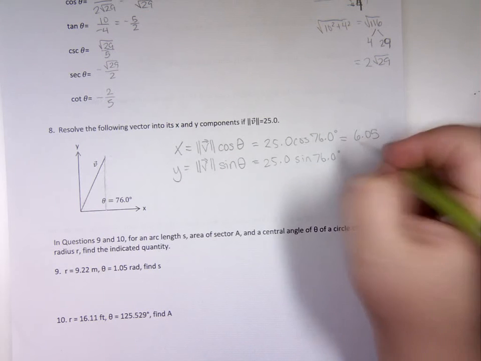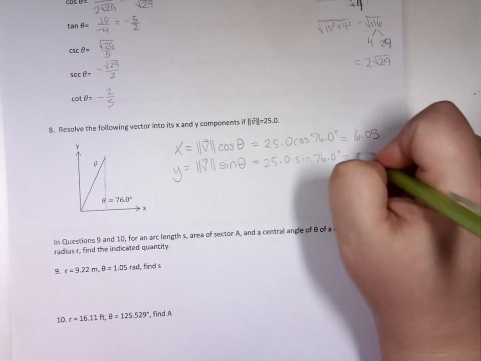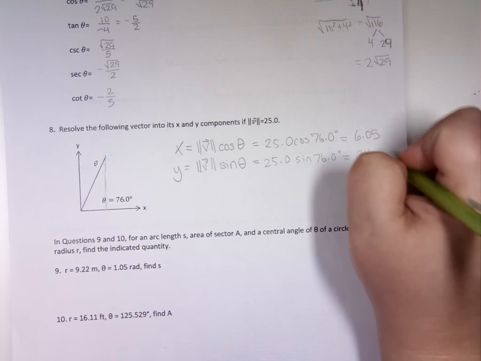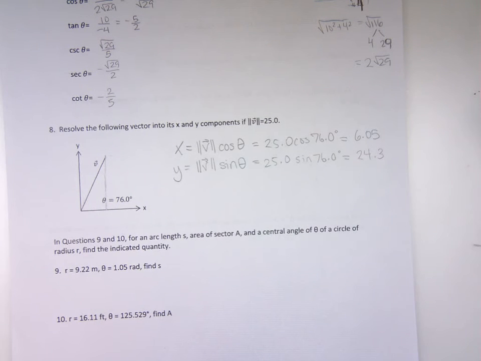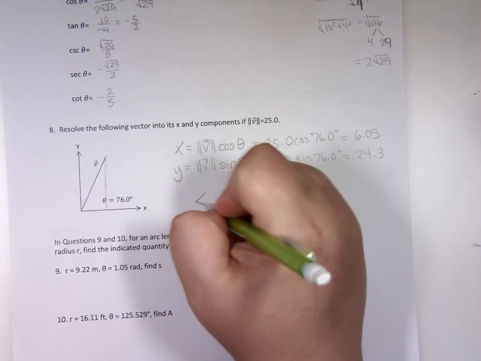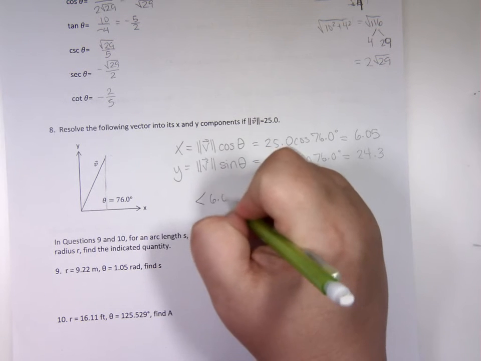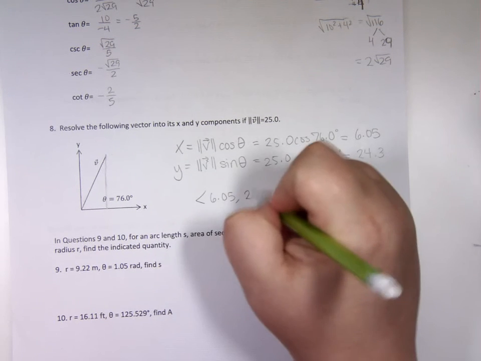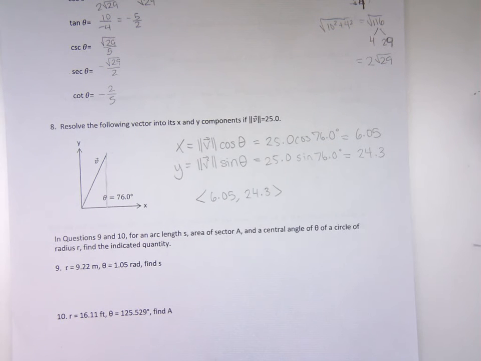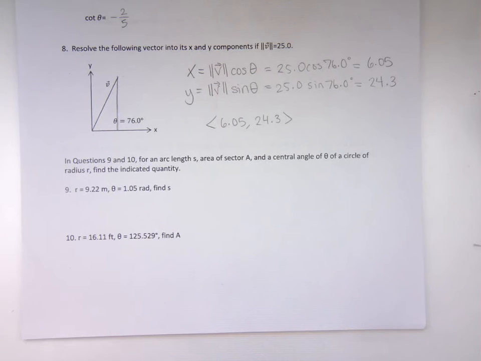And this ends up being 24.3. So if we were to write it in vector notation, 6.05, comma 24.3, like that. Okay. Next.